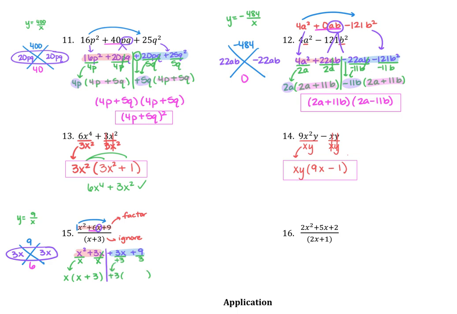Positive 3. 3x divided by 3 leaves me just x, and 9 divided by 3 leaves me 3. Notice that these 2 parentheses match, so therefore my first binomial is x plus 3. Take the leftovers of x plus 3 to make that second binomial.